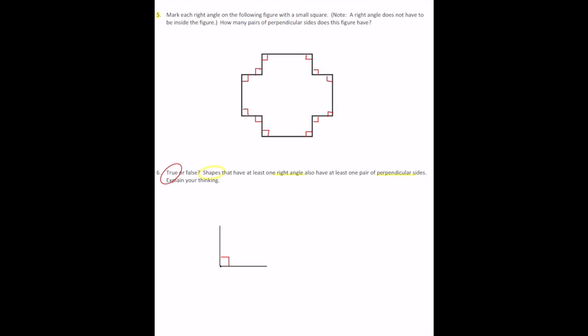Okay, so it doesn't matter, even if you did a baseball home plate or a baseball diamond or something like that, or you were to create another shape like that kite shape, or you were just to close it off, it doesn't matter. There's going to always be perpendicular sides.